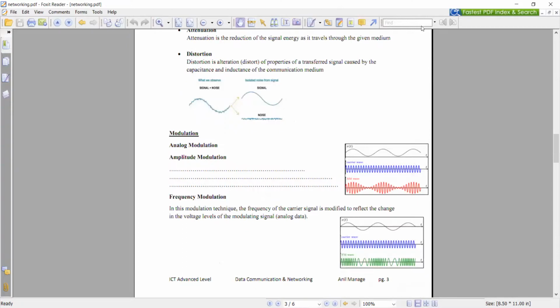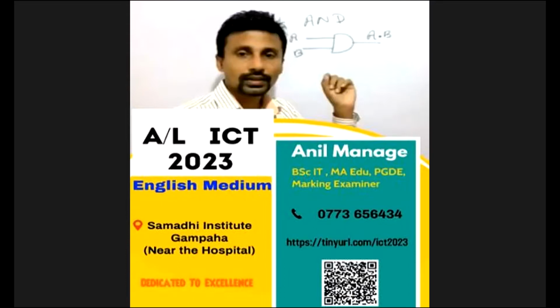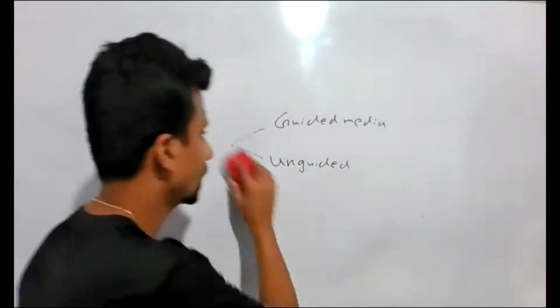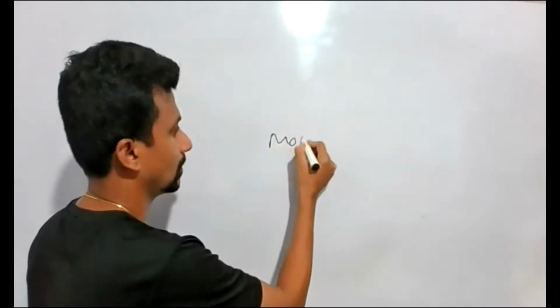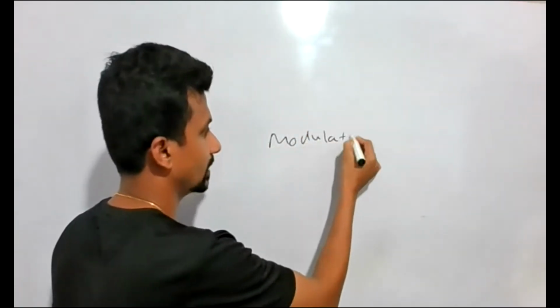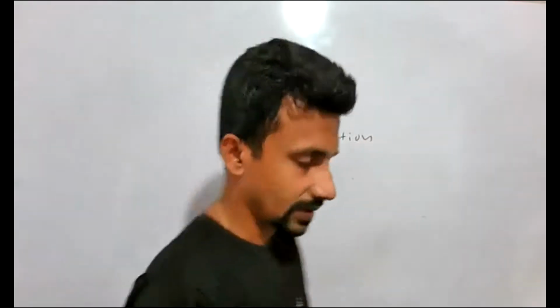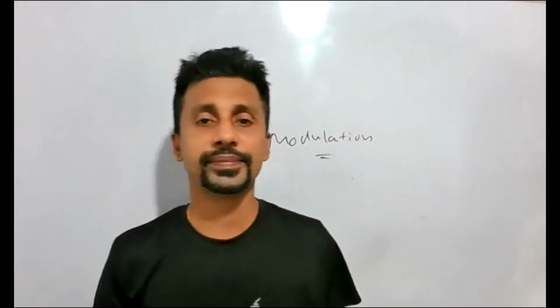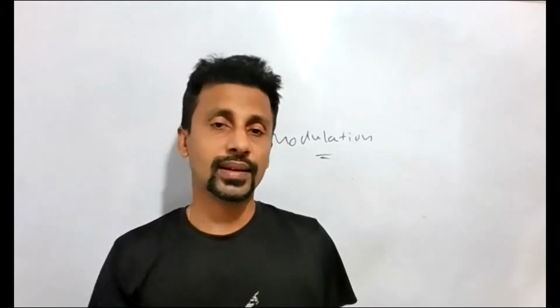Now you have different types of modulations available. Modulation means something like this. I give you a small lens and ask you to throw it as far as you can, right?